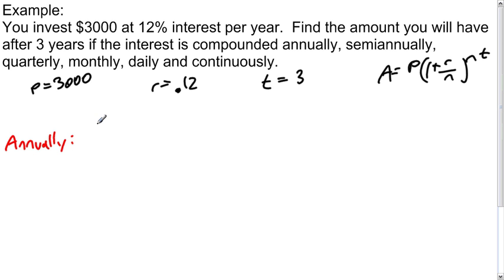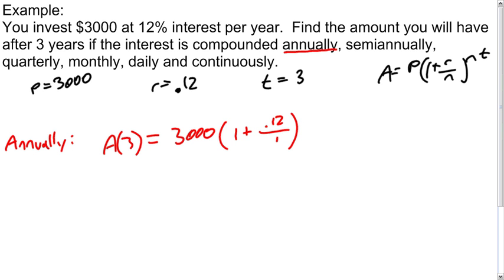Our principal is 3,000, and it's after 3 years, so it's A of 3. Principal is 3,000 times 1 plus R, 0.12, over N. N is for annually 1 time, to the power 1 times 3. If you simplify that out, that's 1 plus 0.12, so 1.12 to the 3rd power.